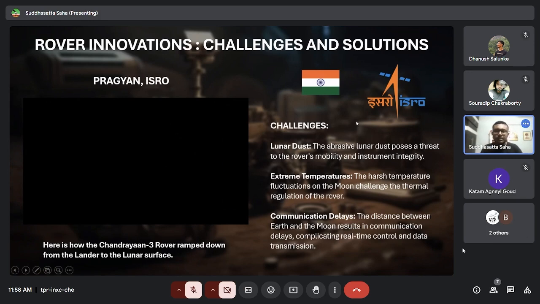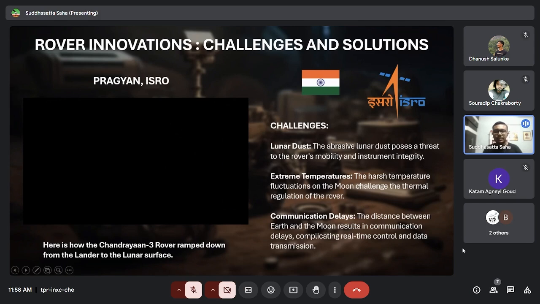We also know that, as you are aware, the moon has extreme temperature ranges. A wide spectrum of temperatures is what you see. So that could also affect the thermoregulation of the rover. When engineers design these rovers, they need to deploy a mechanism which can control the temperature aspects of the rover, so that circuits do not fry up and things do not go haywire.